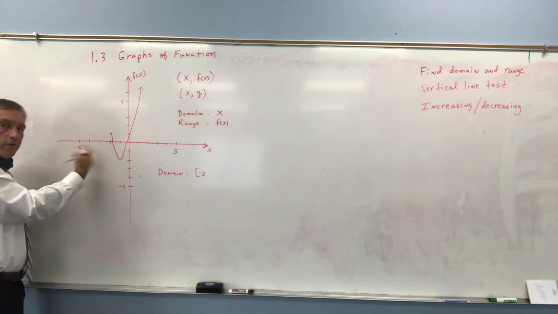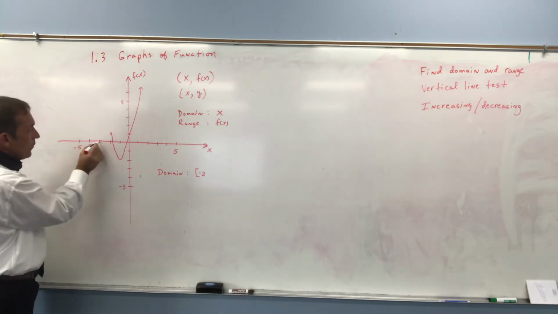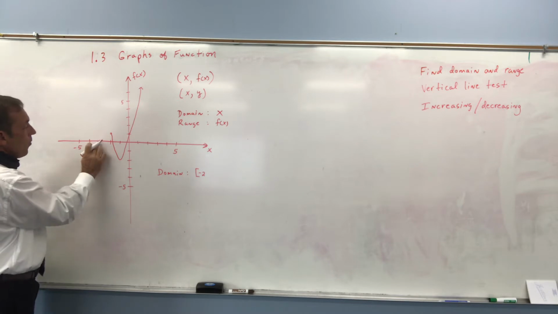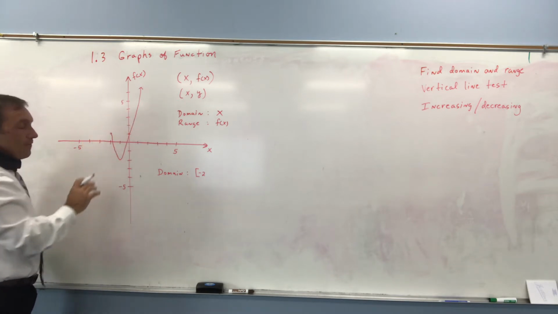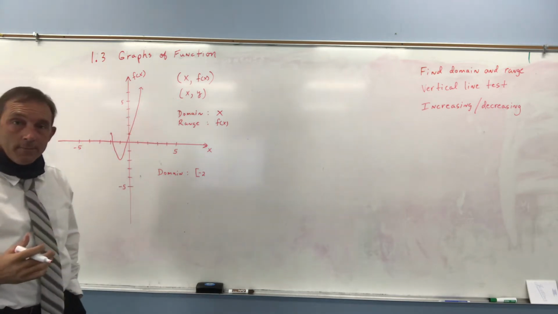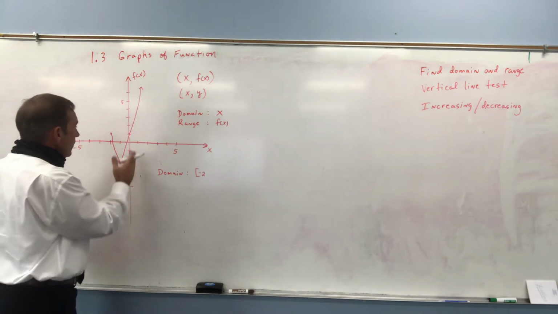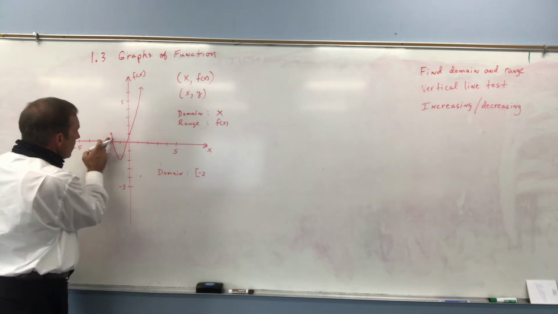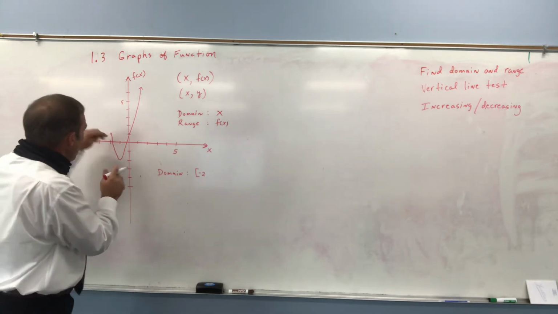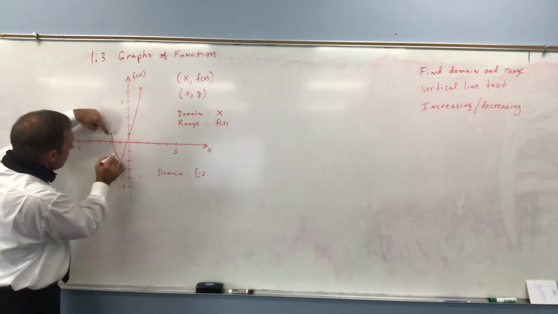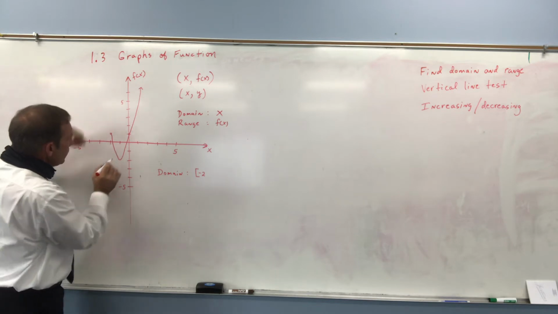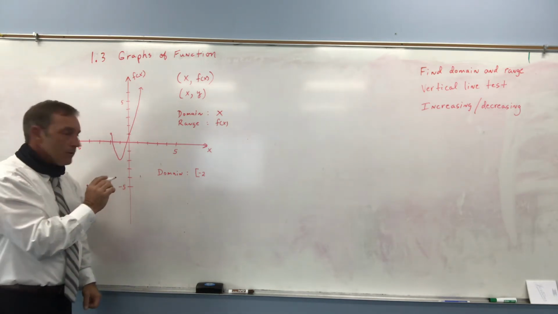They don't go any further this way. Notice at -3, for instance, there's not a point on that graph that has -3 as an input value, as an x value. But starting here at -2 and then moving this way, every one of these points has an x value.